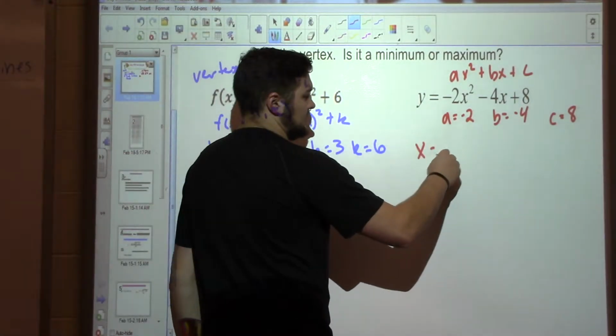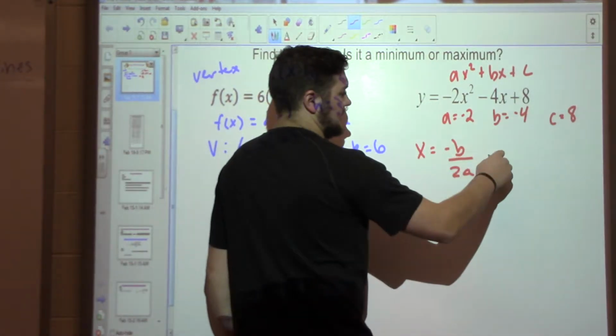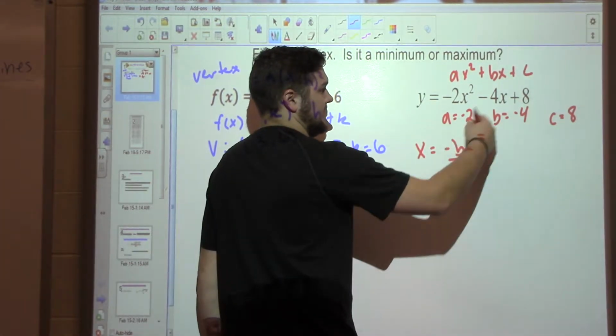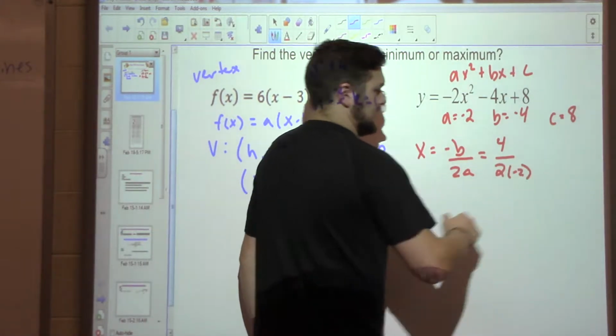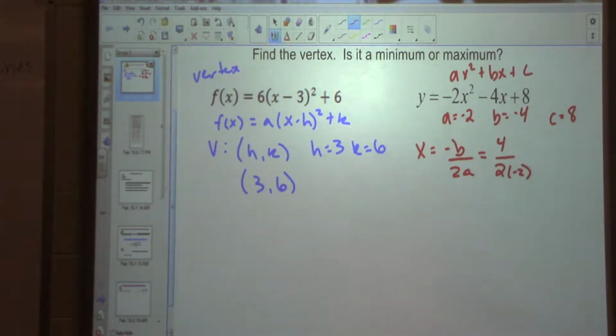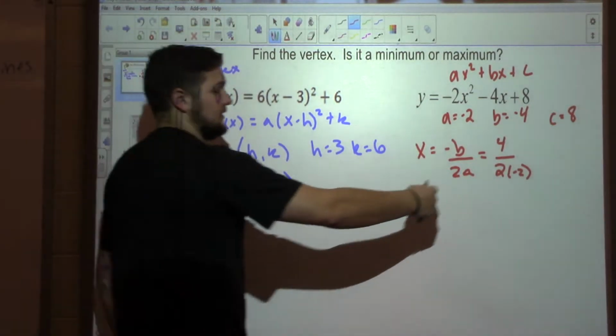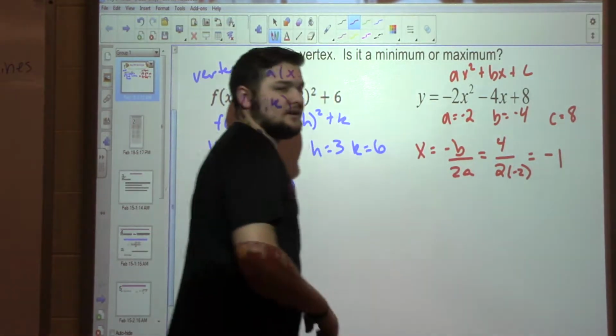So x equals -b over 2a. Well, b is -4, so the opposite of that would be +4 over 2 times -2. What's 2 times -2? -4. So 4 divided by -4 gives me -1.